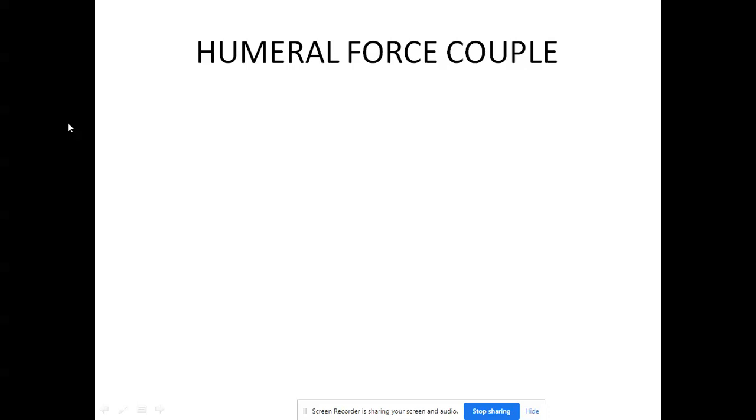Coming to humeral force couple. The moving bone is the humerus. The muscles which are causing the movement of the humerus are attached definitely to the humerus. When we saw scapular force couple, there were only two muscles acting at a time. But when we are dealing with humeral force couples, the entire rotator cuff is needed, because in order to move the upper extremity, the shoulder complex, especially your rotator cuff, must be very active.